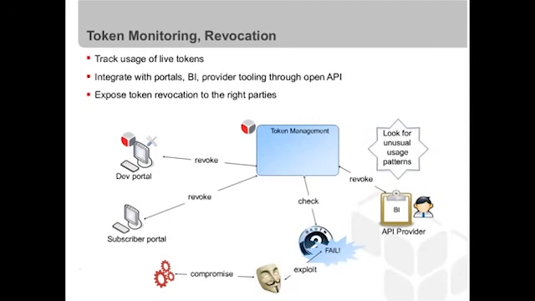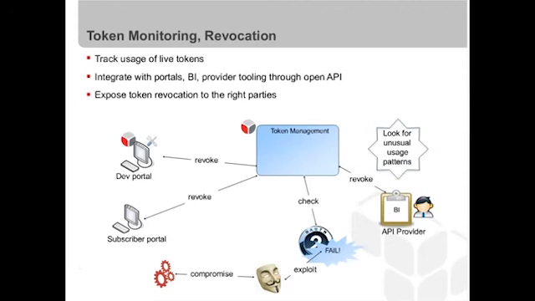And even if you don't provide a lot of visibility on tokens outside of the provider realm, the ability to revoke those tokens is extremely important to all the parties. So imagine that I'm a subscriber and I grant authorization for an application to consume an API on my behalf, and as part of that authorization grant, I would get an email confirmation from the provider.